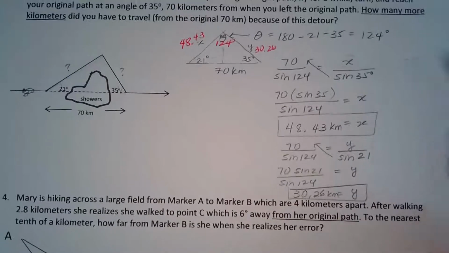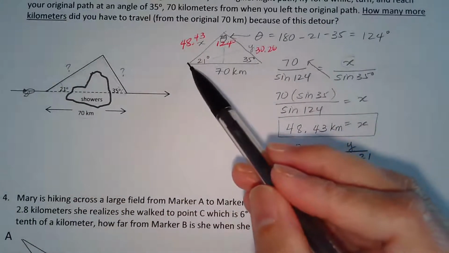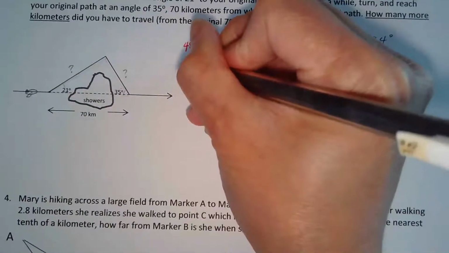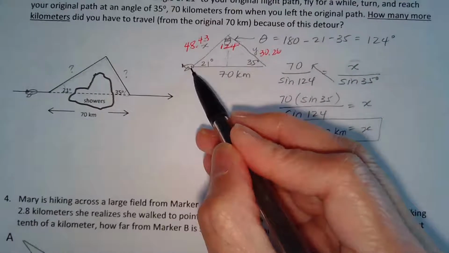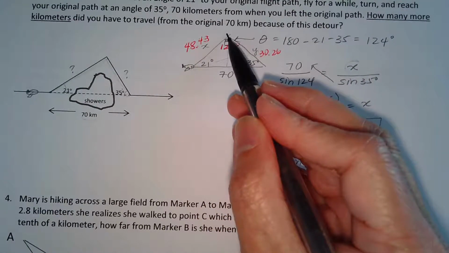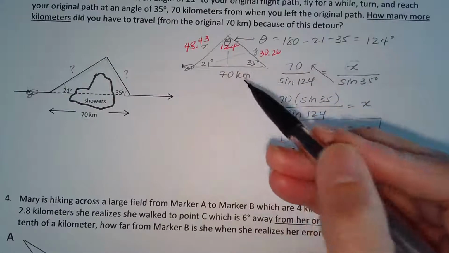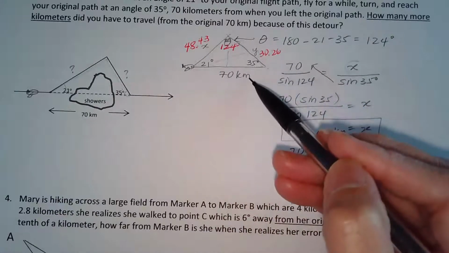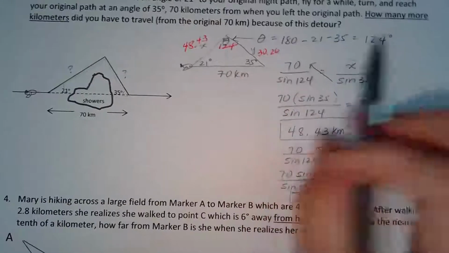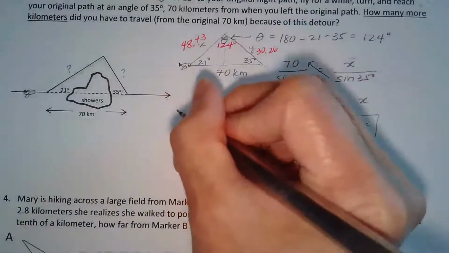As you can see, because of the detour, the plane had to go this way up 48.43 and then down 30.26. So it actually traveled a little bit more than it should have. The question is, how much more did they travel?